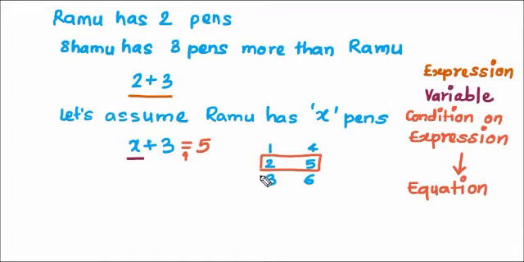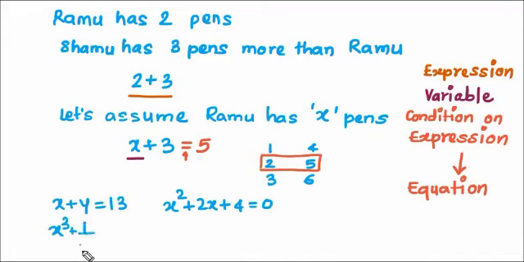Now let's talk about what is linear. For that, let's remember a few equations which we have seen last year. We had seen equations like x plus y is equal to 13, or x square plus 2x plus 4 is equal to 0, or x cube plus 1 upon x is equal to x square, or x square y plus xy is equal to 13x.